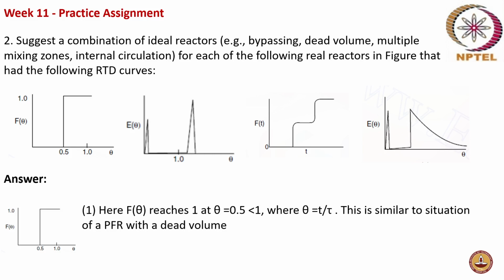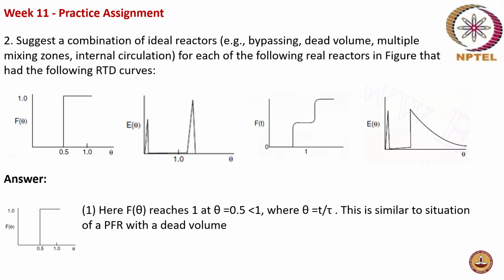So this is similar to a situation where a PFR with a dead volume can be considered, because for a PFR we find a spike in the E theta curve, and the curve goes rapidly to 1 in the F theta curve as well. But this happens for an ideal PFR at theta equal to 1.